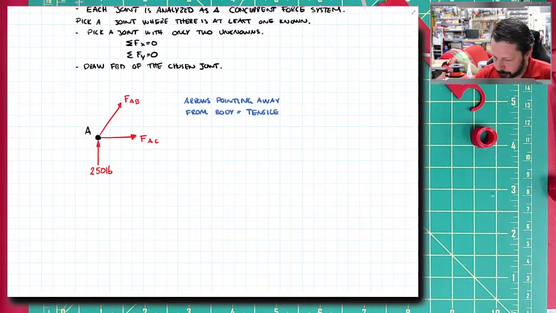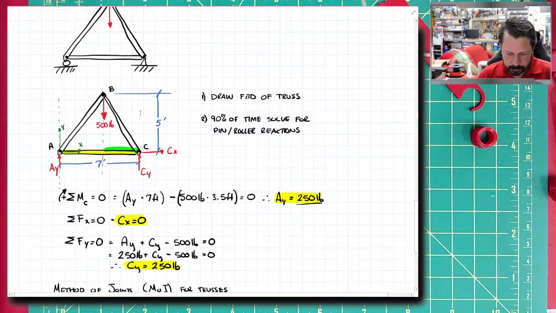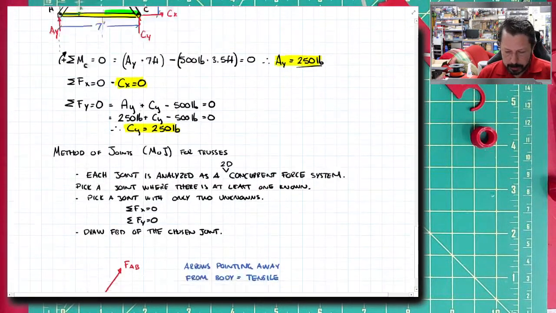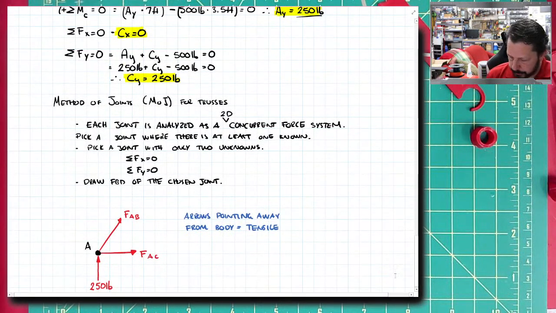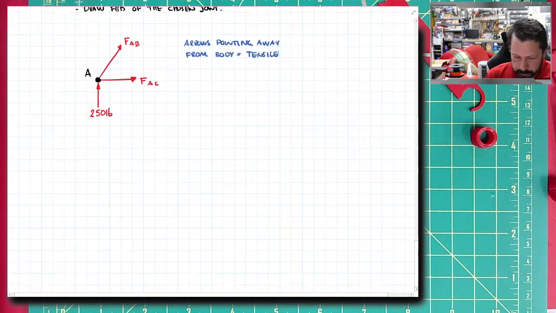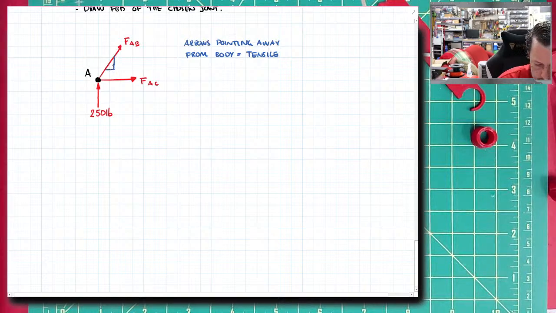Let's see. We need some of these dimensions because I need to know something about this angle. What I'm going to do is put the rise over run. So the run for this was 3.5 and the rise was 5.